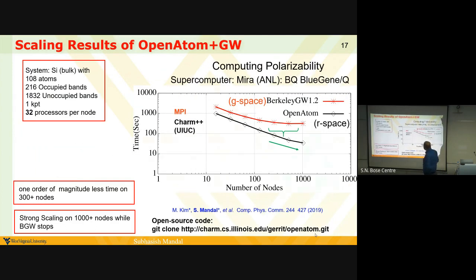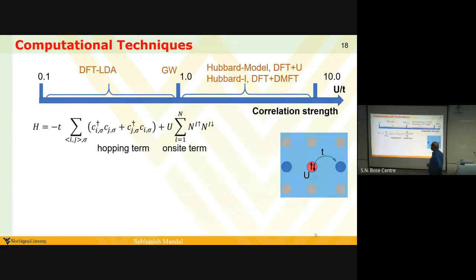So this is the work that I did for developing open source software for GW calculation, and you will see what Professor Shah was saying, hinting that GW might fail in the very strongly correlated limit.